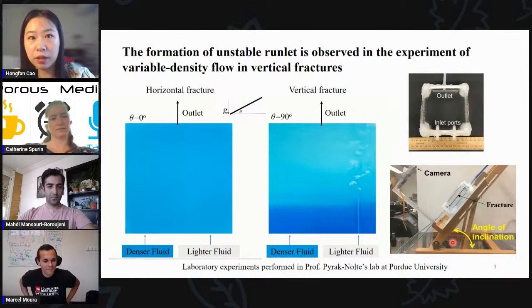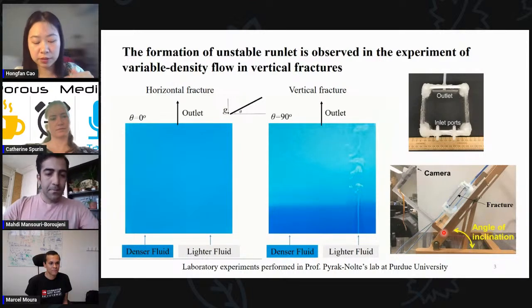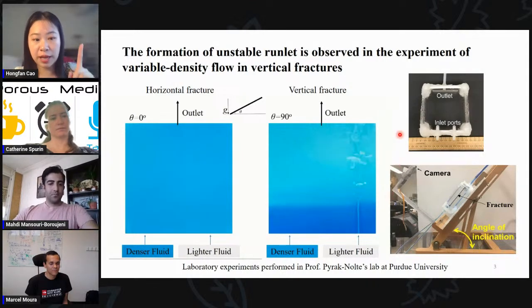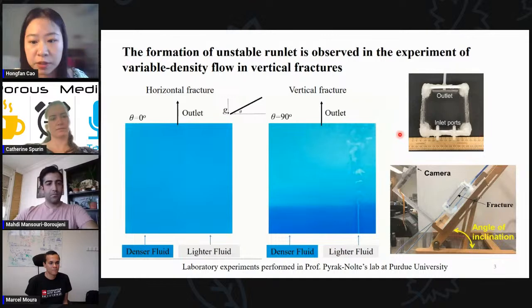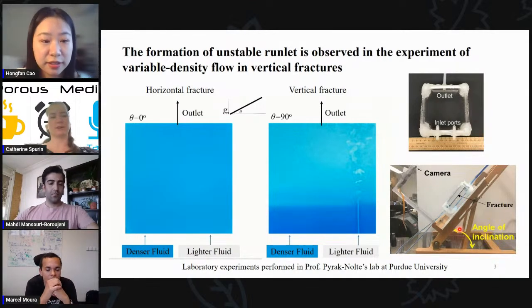But when the fracture is vertical, because it's injected from the bottom to the top, it seems it flows slower than when the fracture is horizontal, but actually it's the same time scale. So the flow rates are the same, but when you look at these videos, the one on the left, everything looks like it happens very quickly.